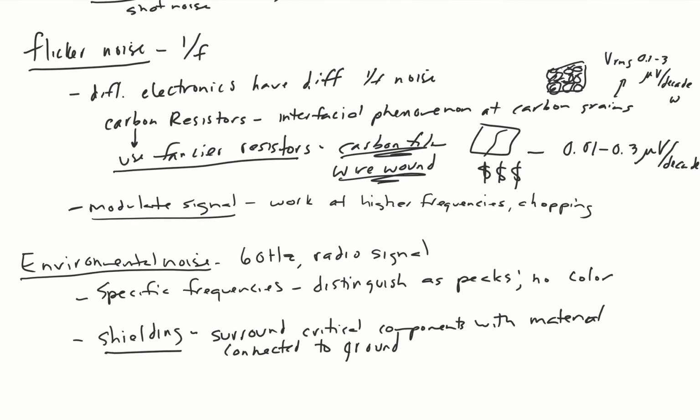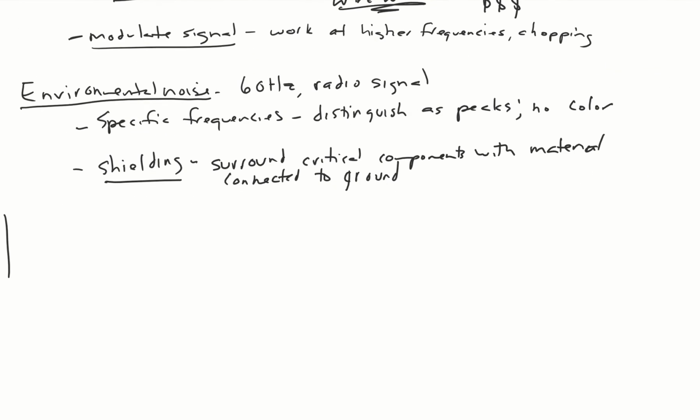And then also, of course, you guys are familiar with filters, signal averaging, etc. All of those approaches can be used if you are strategic about your selection to overcome noise.